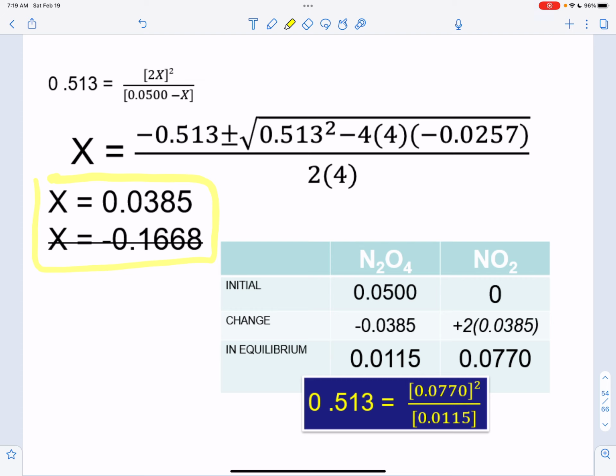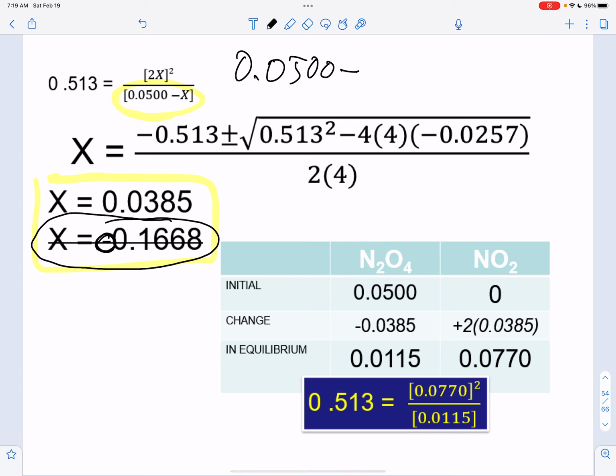Based on the expression here, 0.0500 minus x, we know that this one will make no sense, because it's telling you that the concentration was negative. Remember, x is a molarity, so this cannot be negative.